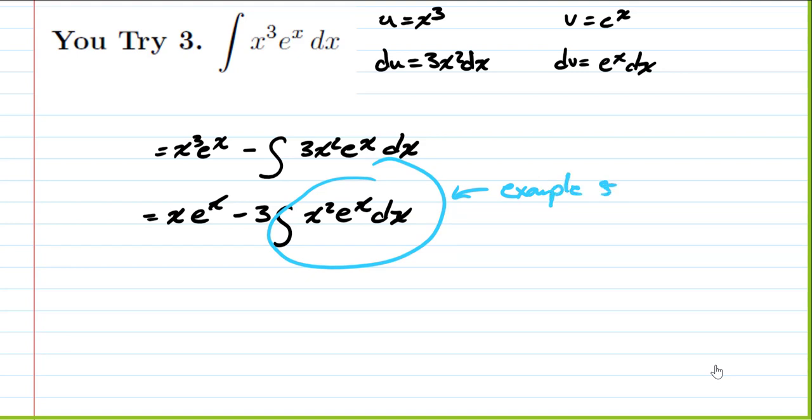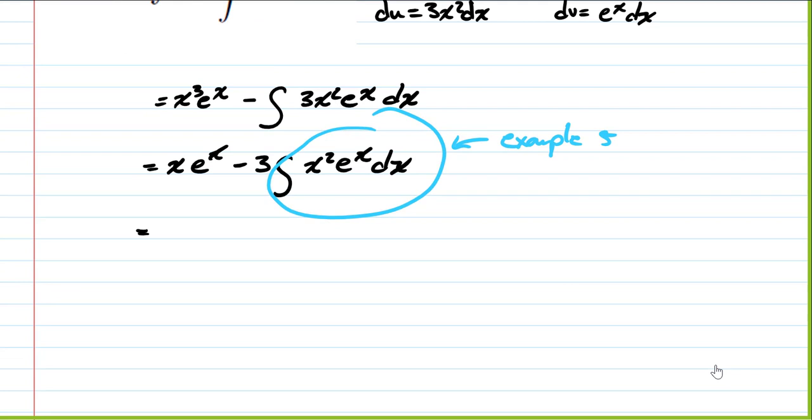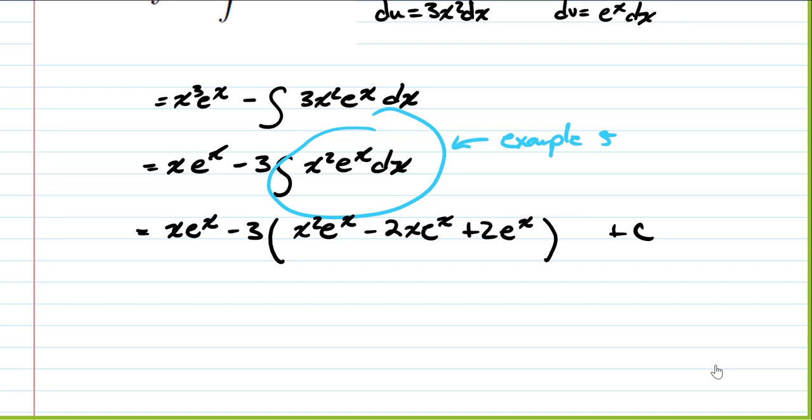So then putting that in, we get x cubed e to the x minus 3 times our answer from the previous one, which was x squared e to the x minus 2x e to the x plus 2 e to the x, and then plus a constant, right?